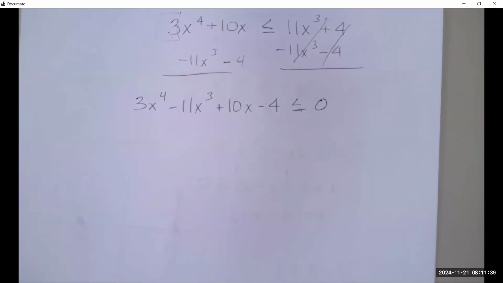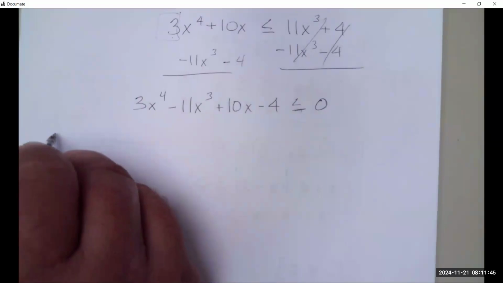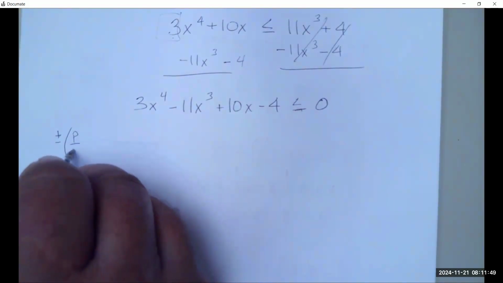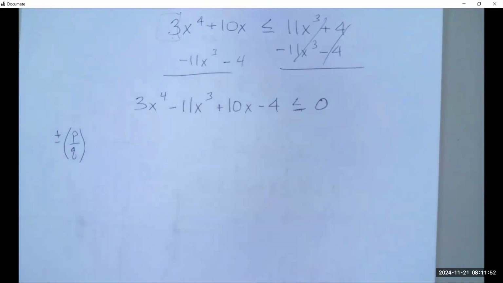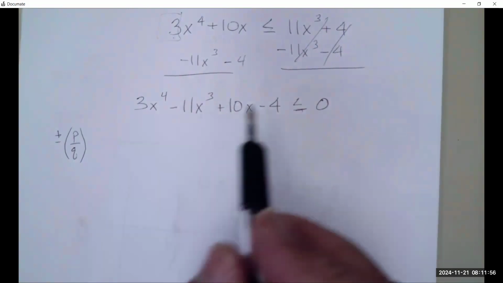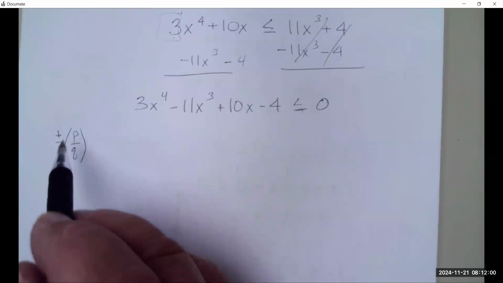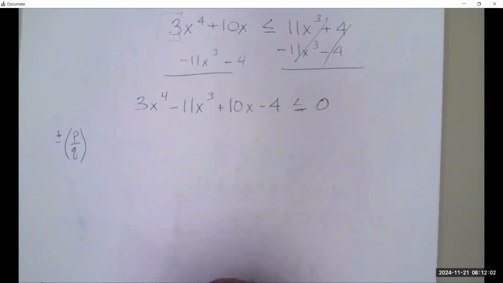How do we factor this one out? Look at the constant and the leading coefficient. And that's called what? We're looking for intercepts, which are the zeros. Since we're looking at the constant and the leading coefficient, it's called the rational zero theorem.